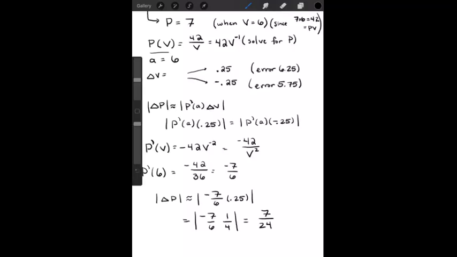Then I'm going to multiply those together, get rid of the negative because we're in absolute value, and get the maximum error is that guy there.